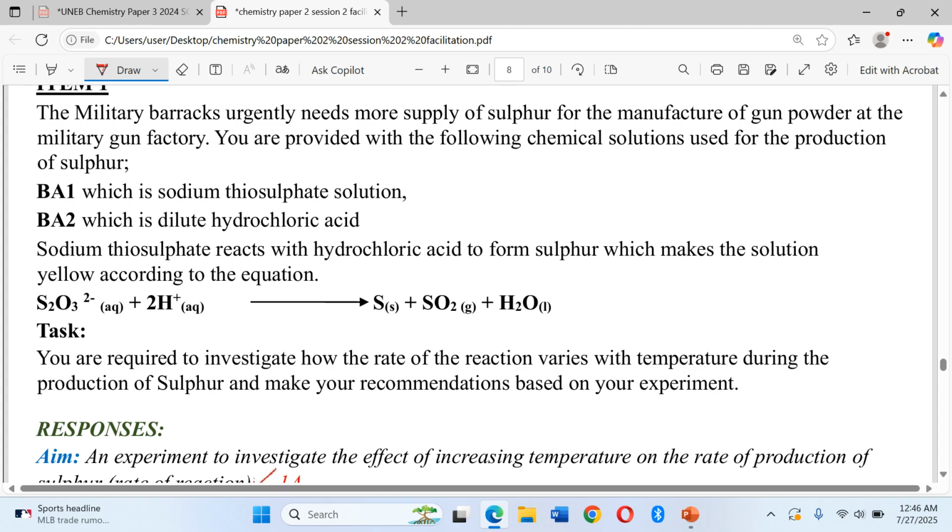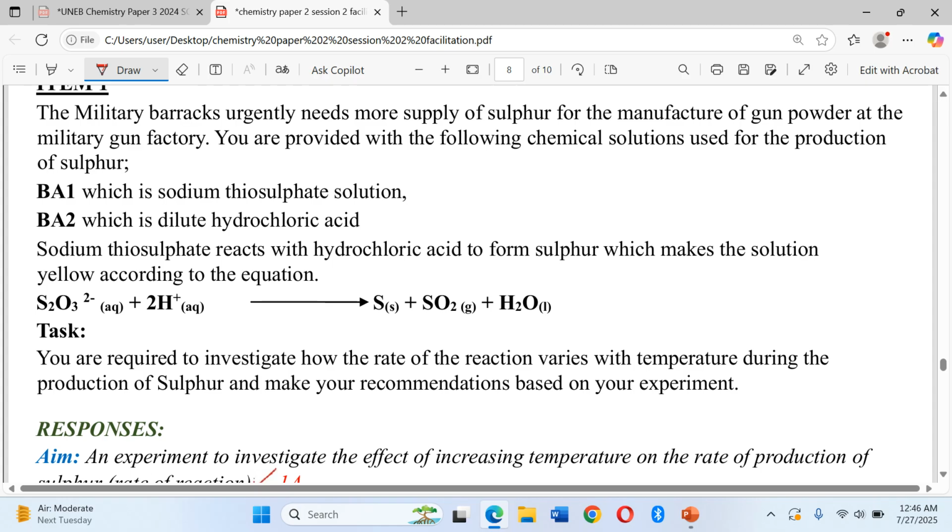Sodium thiosulfate reacts with hydrochloric acid to form sulfur, which makes the solution yellow, according to the equation. Task: you are required to investigate how the rate of reaction varies with temperature during the production of sulfur and make your recommendation based on your experiment.